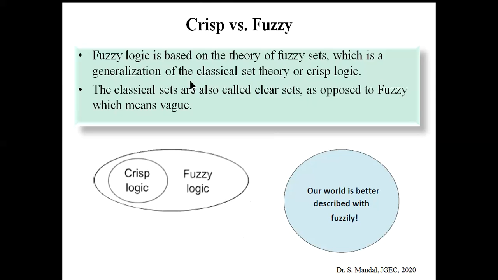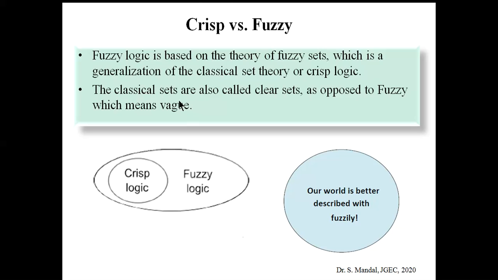So coming to crisp versus fuzzy. Crisp logic is conventional set theory. Conventional set theory mainly deals with either 1 or 0, true or false, this kind of element. Whereas fuzzy logic is based on the theory which is a generalization of the classical set theory. In the next slide we'll see that crisp logic is a generalization of fuzzy logic.